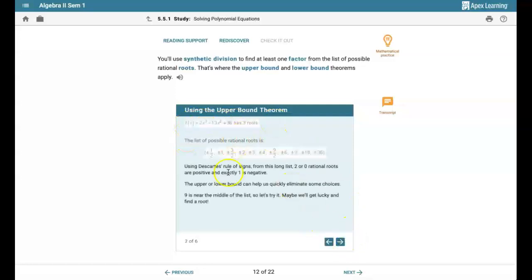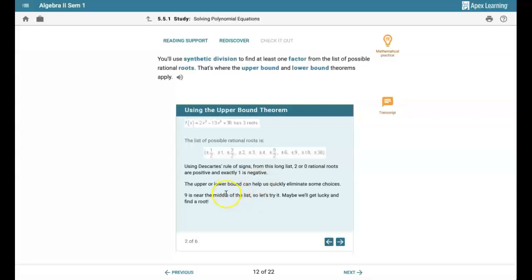So what we're going to do is use Descartes' rule of signs, and it's going to say we're having either 2 or no positive real roots. Then according to his other rule, when we plug in for negative x, there is only one possible negative real root.